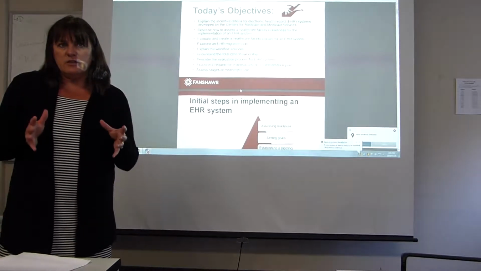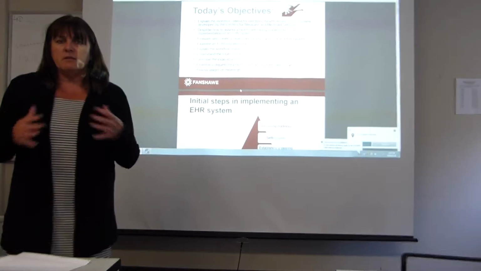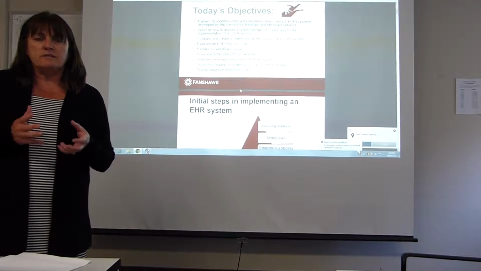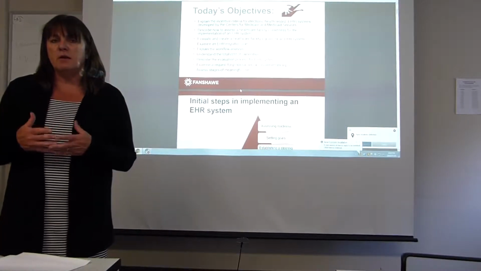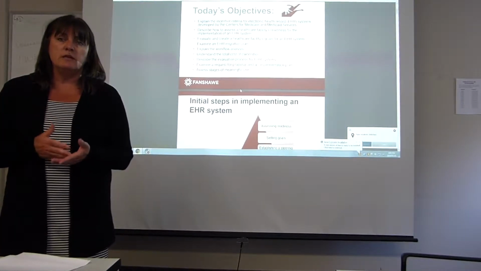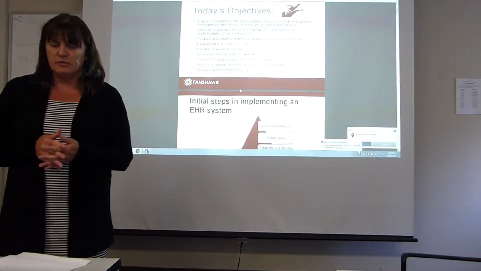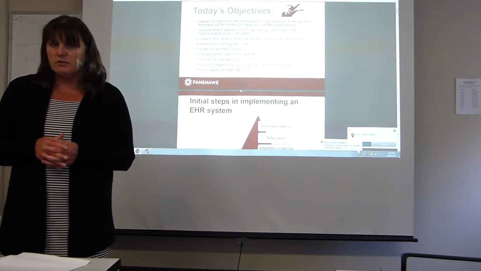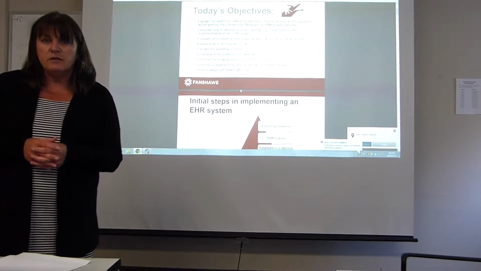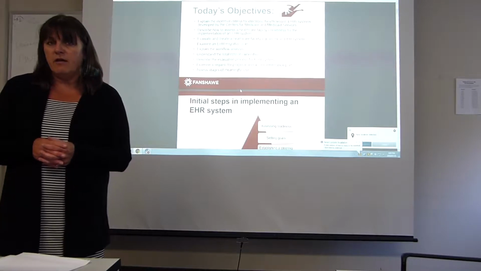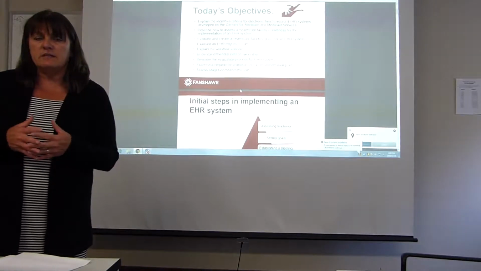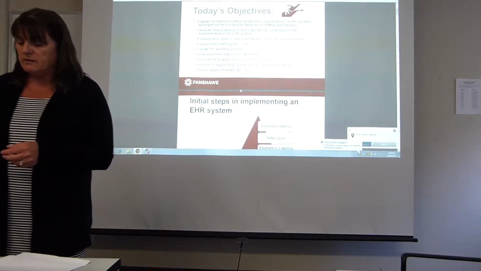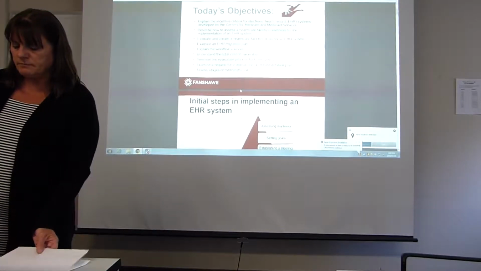Once the decision has been made to go forward with an electronic health record system, then a steering committee would be formed who would set appropriate goals, and the organization would also set those goals in collaboration with the steering committee. So a steering committee would be established with a project sponsor, which is usually an executive member of the senior executive team. And then a project manager would also be assigned to the project.